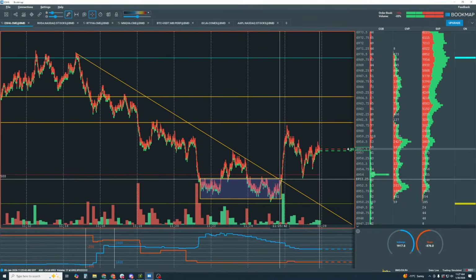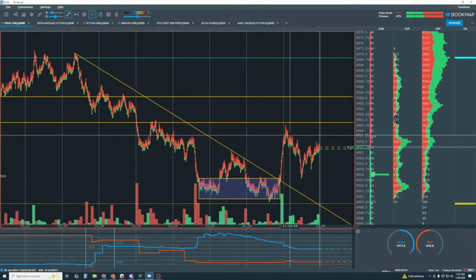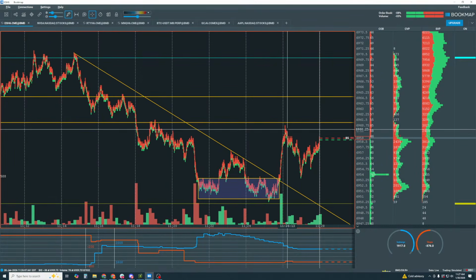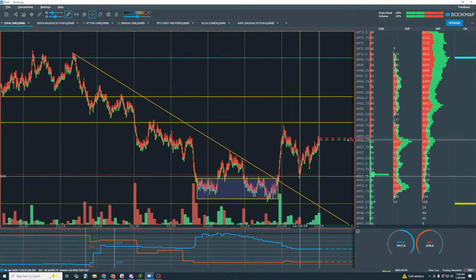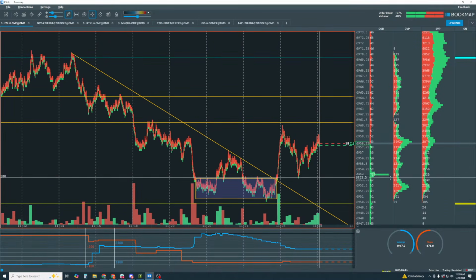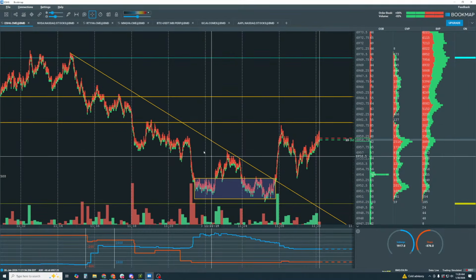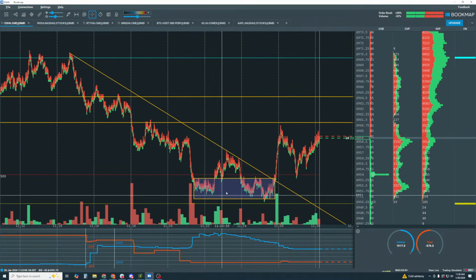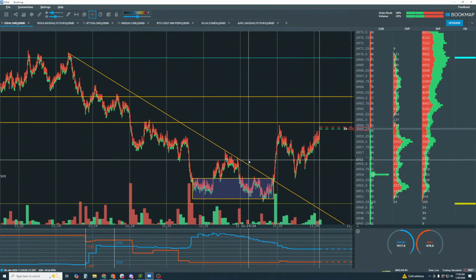So what we're looking for is this to reverse, and we got a move here. We even got the pullback to here, and we're going to look at the volume and the order flow in here, but just understand the structure first. And the structure's here. Just start to mark it up and start to understand structure and price action.